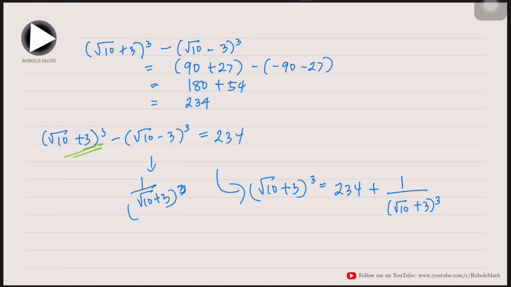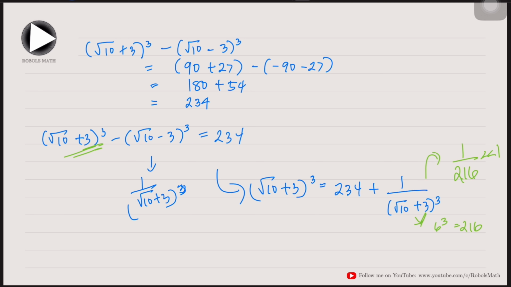Okay. So, what does this mean? If we think deeper about the value of this one, we said earlier that this value here is somewhere above 6 cube, which is 216. Therefore, this value is somewhere close to 1 over 216. And 1 over 216 is much lower than 1.